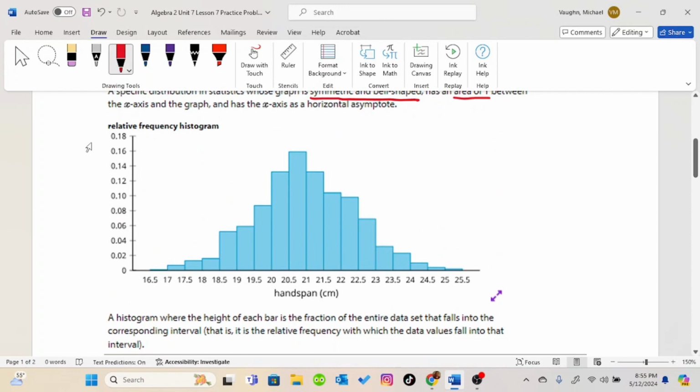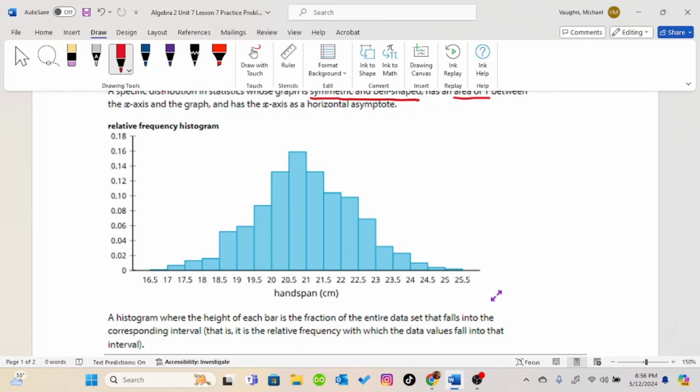And the other vocabulary term is a relative frequency histogram. This is a histogram where the height of each bar is the fraction of the entire data set that falls into the corresponding interval. That is, it is the relative frequency with which the data values fall into that interval.